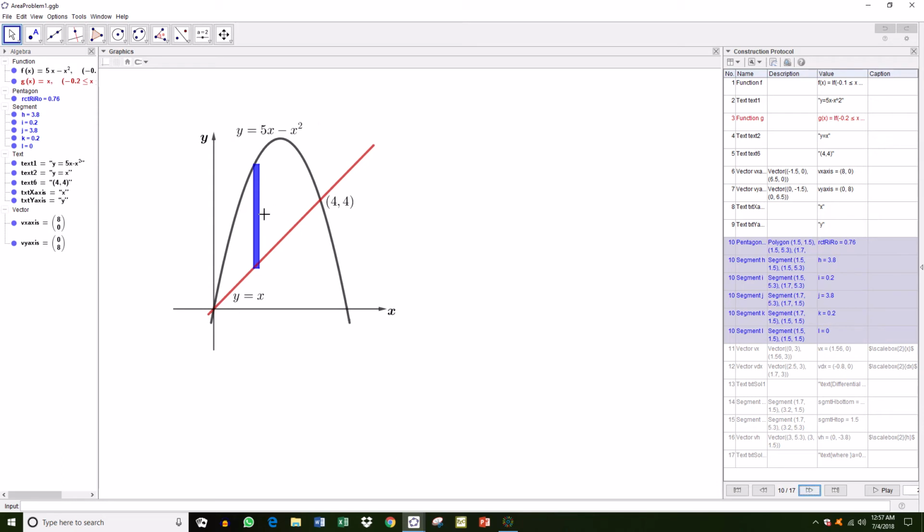In this case, if we orient vertically, then the top of the rectangle will be touching the parabola and the bottom of the rectangle would be touching the straight line all the way from left to right. As we scoot this rectangle from left to right, that's what would happen. However, that is not what would happen if this were a horizontal rectangle, because somewhere over here, the right side would be touching the straight line and the left side would be touching the parabola.